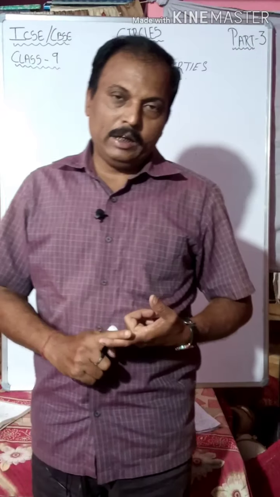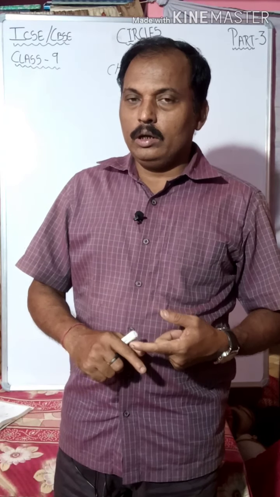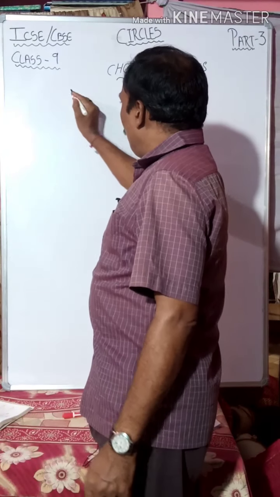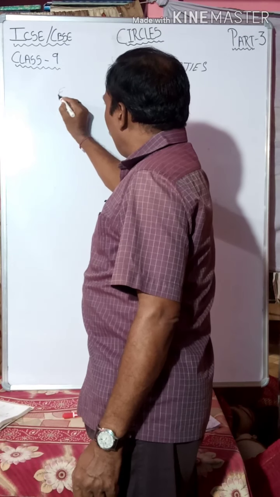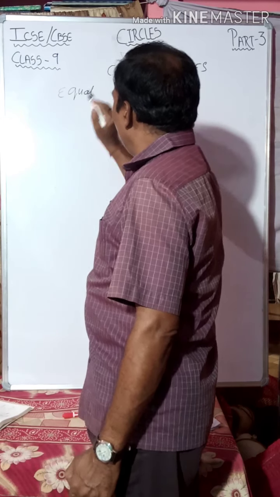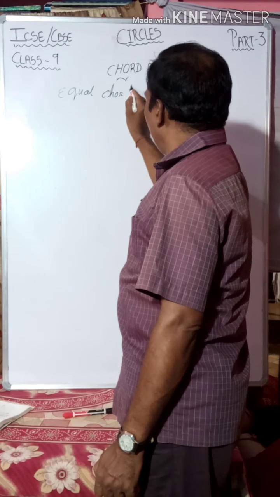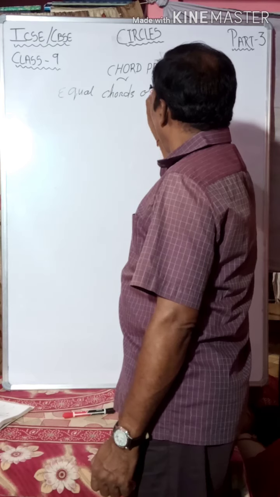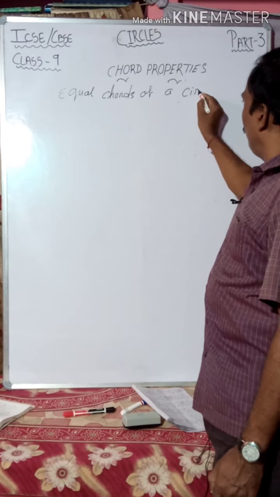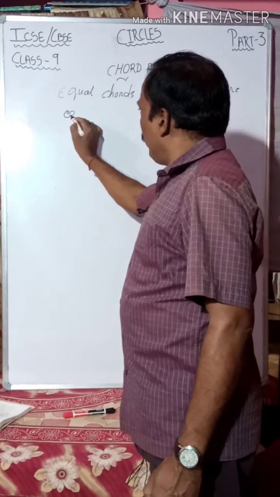Equal chords of a circle are equidistant from the center is our next theorem.